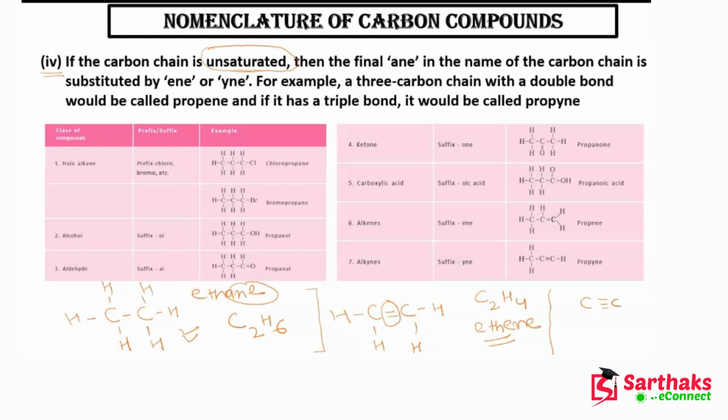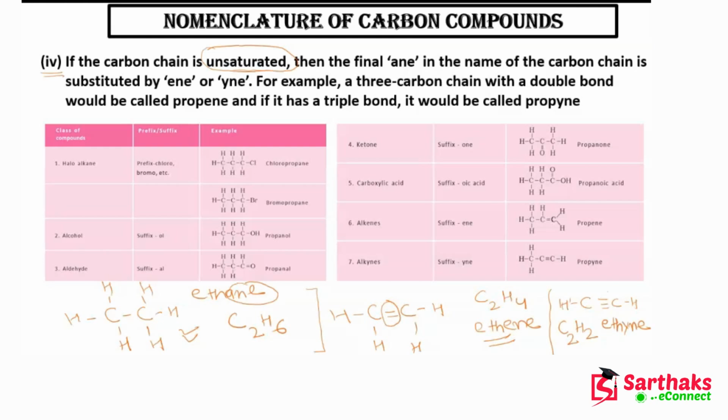Let's suppose this. So this is another structure. So guys, as you can see, the number of carbon is 2, but the number of hydrogen is also 2. So I will use eth, and instead of "-ane" I will use "-yne".